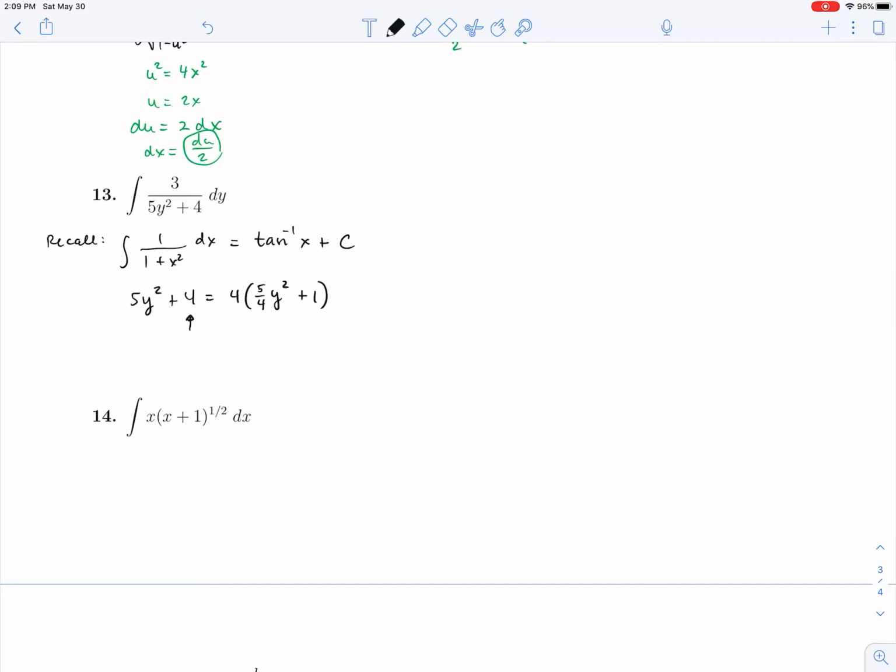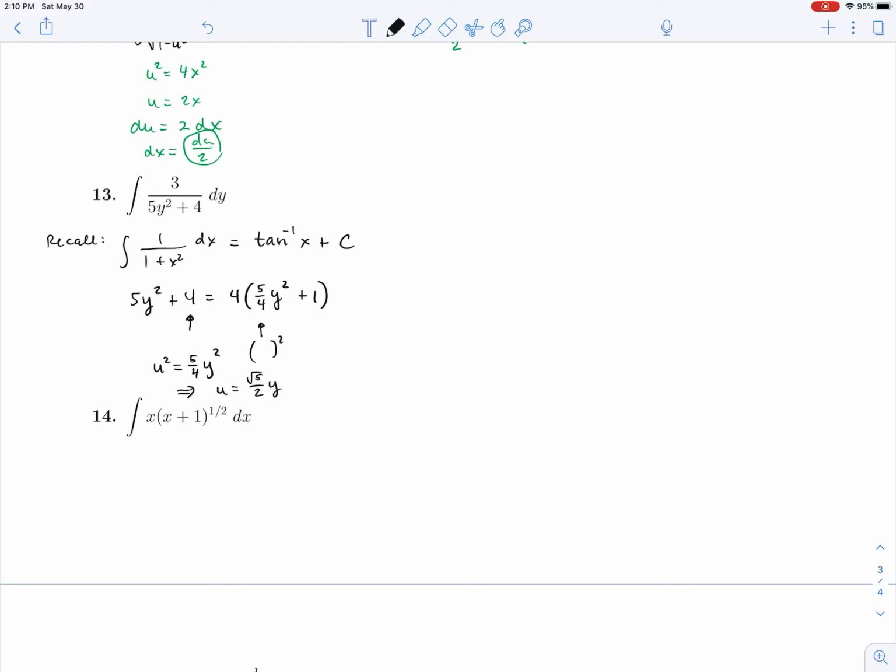Then the next thing we need to do is make that something squared. And that'll be our u, because we can just factor out the 1/4. So our u squared is 5/4 y squared. So then u can be root 5 over 2 times y.